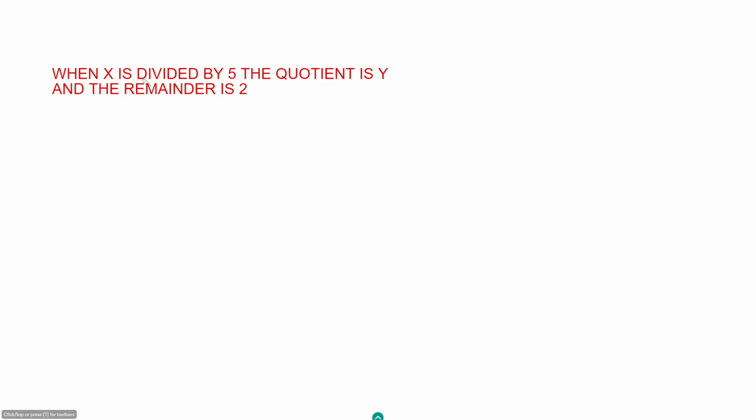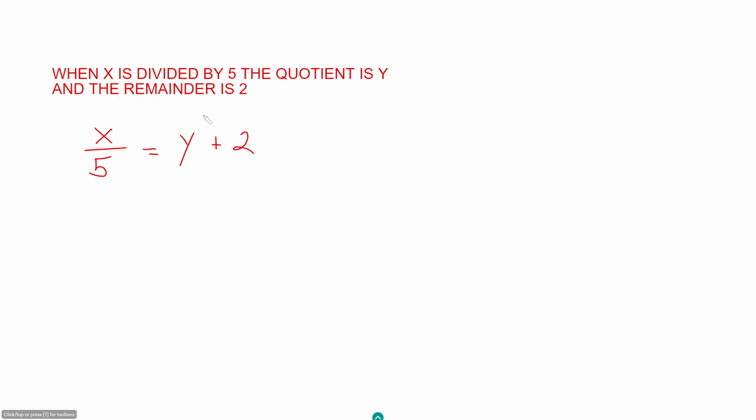Oftentimes when I ask people to translate a statement like this, they'll just translate the words literally, and they'll get something like this. They'll say, okay, when x is divided by 5, that is equal to some quotient y plus 2. And they'll make this equation. And so the question is, is this an accurate translation?